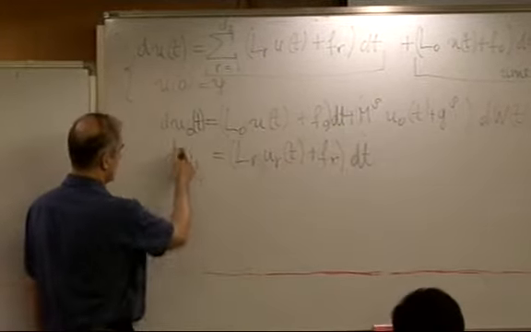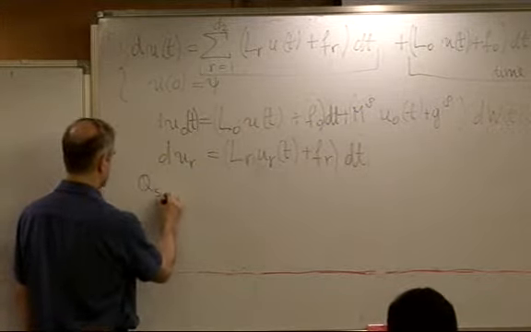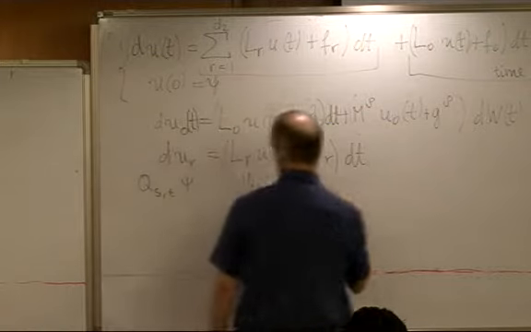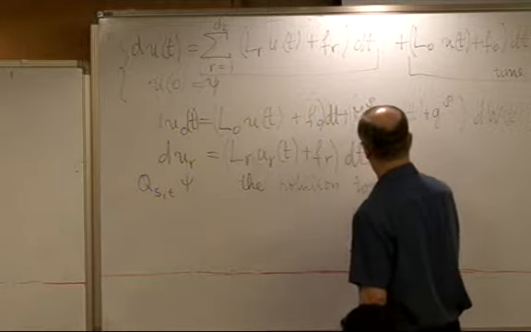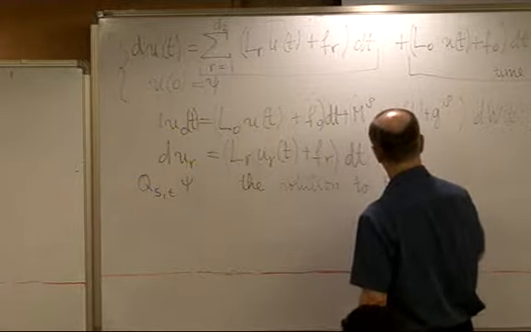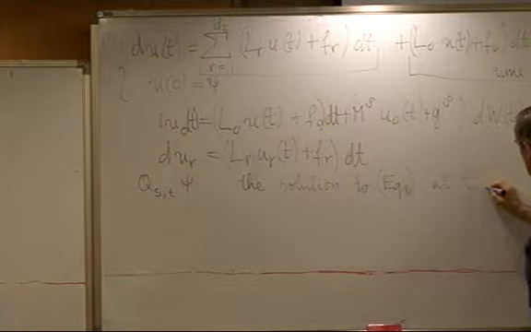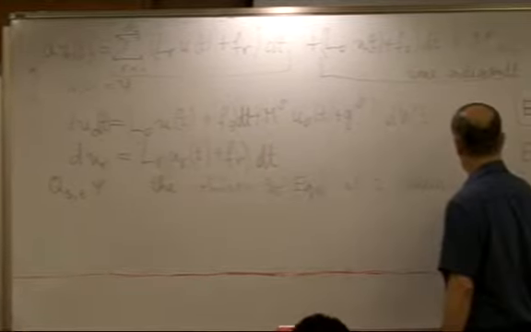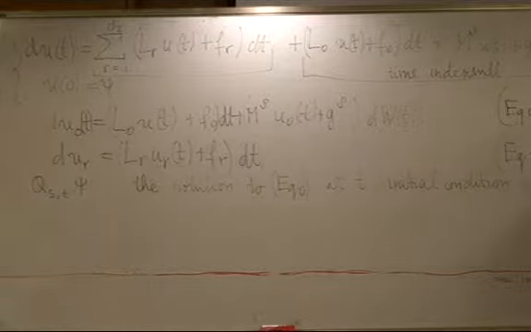Then let us denote by Q_{s,t} psi the solution to the zero equation at time t, when the initial condition is psi at time s. So s is less than or equal to t.